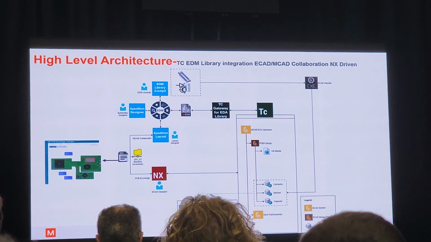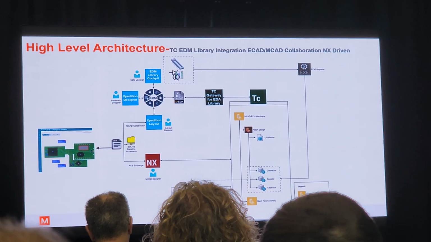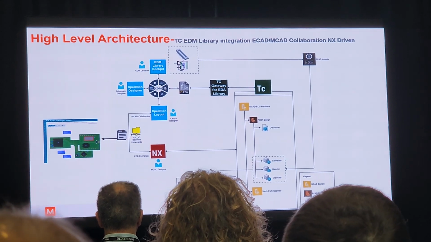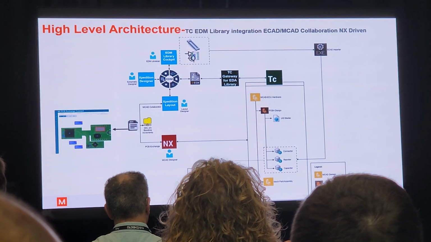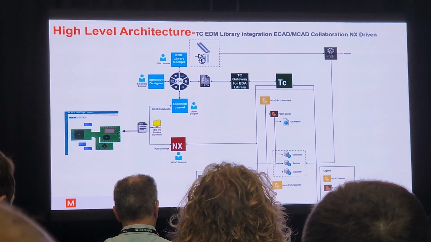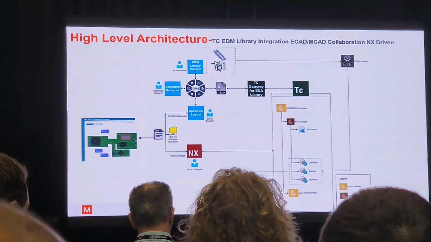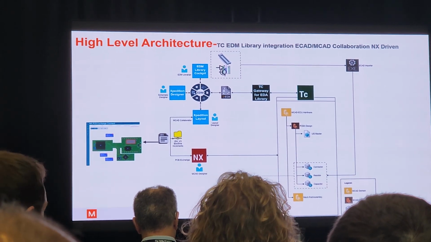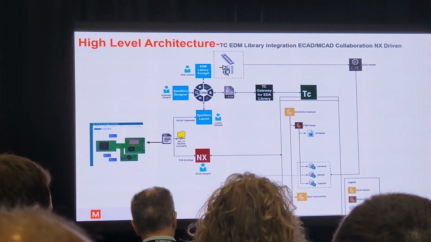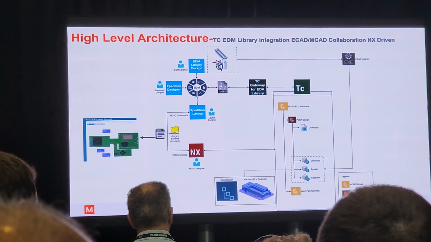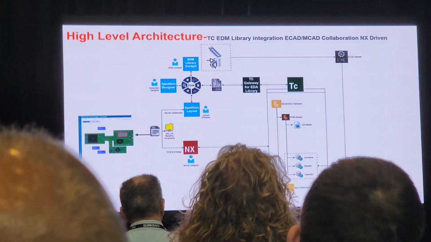The system, the EDA gateway, uses some sort of mapping, because on the EDM side, let's say you have resistors, and the resistance attribute is called resistance A. On the Teamcenter side, when you create your classification, you call it resistance B. You need to make sure that the system understands that this is the same property, right?